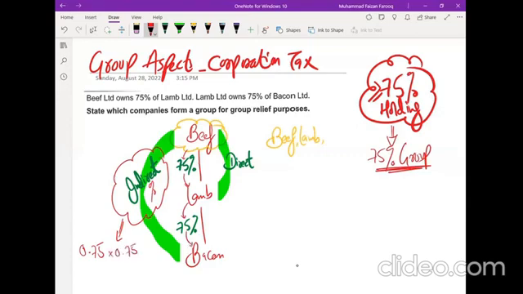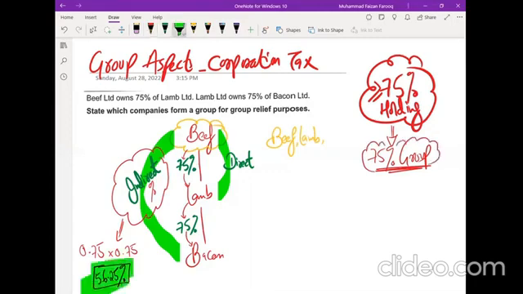Multiply 0.75 by 0.75, then multiply by 100, and you will get a percentage answer. How much are you getting? 56.25.